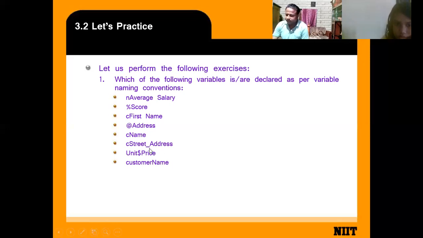This one is also correct. Correct. Last one. C name. Sir, incorrect? It is also correct, no problem on that.